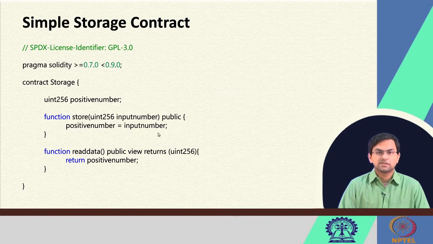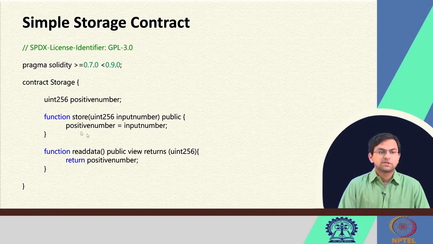If it is not public, then this function will be accessible only through other functions which are defined within this contract. Since it is public, this function can be used for doing transactions. Okay. Then the actual function definition has only one line, which is assigning the value given as input to this variable positiveNumber.